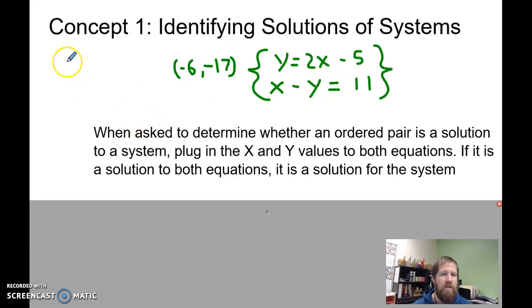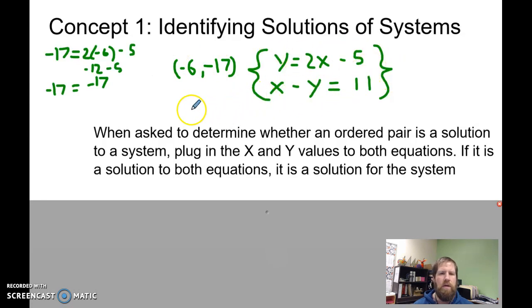I'll put in -17 for y: -17 equals 2 times -6 minus 5. 2 times -6 is -12, minus 5 is going to be -17. So it looks like (-6, -17) is a solution for my first equation.